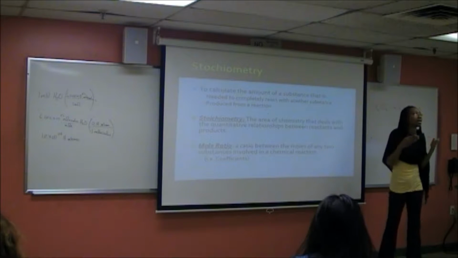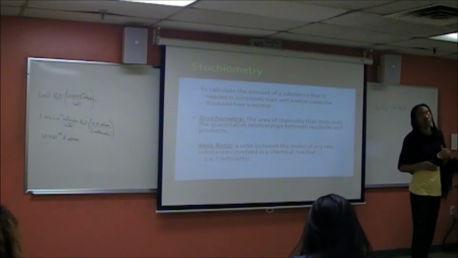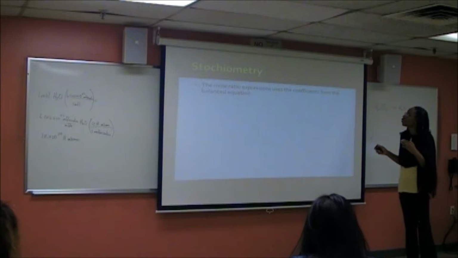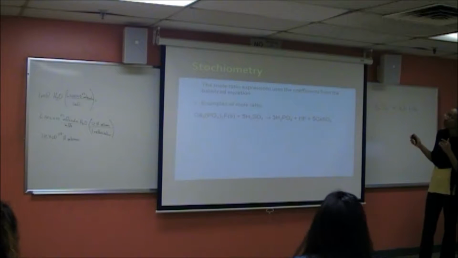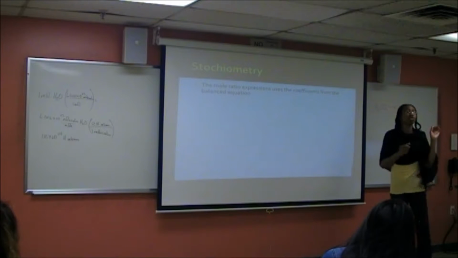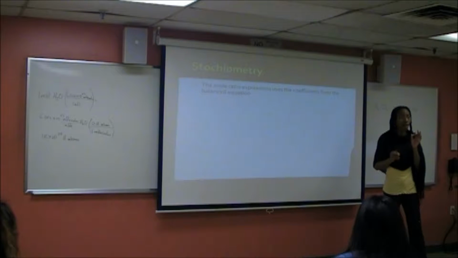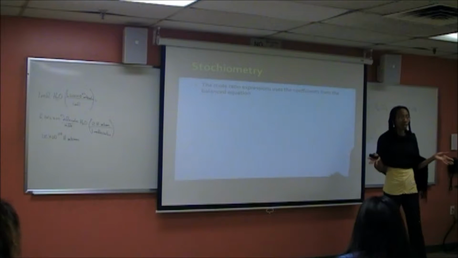Now, knowing how to recognize mole ratio is important. Before you do your mole ratio, you must know how to balance your equation. If you do not know how to balance your equation, everything you do after that will be wrong.